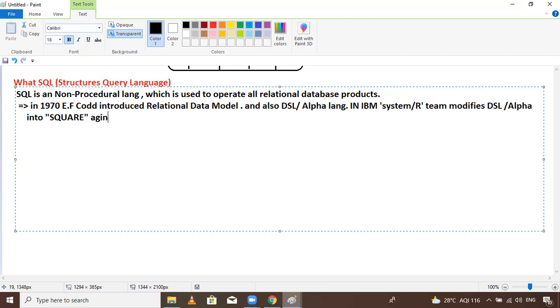Square changed into Square again. The IBM company changed Square into which?